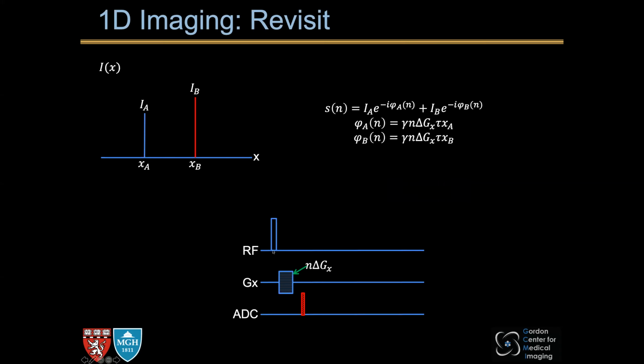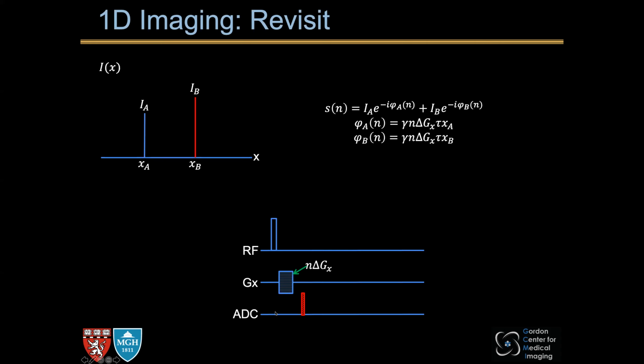First we apply a half pulse to excite the signal, and then after this pulse, instead of applying a constant gradient field, we apply a time varying gradient field. More specifically, we apply a gradient field that only lasts for a short period of time, and then right after this gradient field is gone, we acquire one sample.